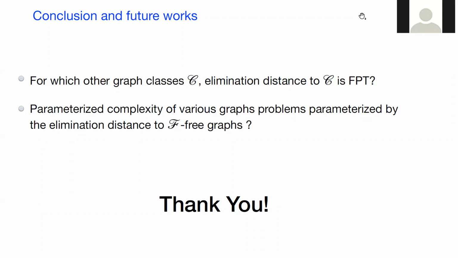Hi. Okay, Ashwin has a question in the chat. Maybe we start with that. I'll read it out for Lochween. Ashwin says, where does the algorithm fail in the case where the graph class has an infinite forbidden family?